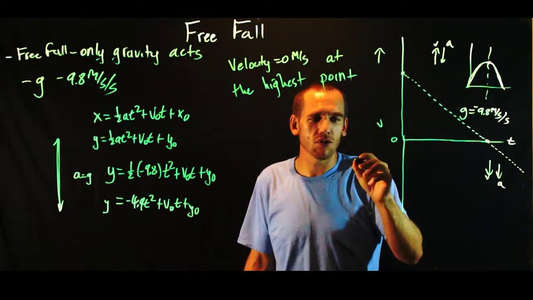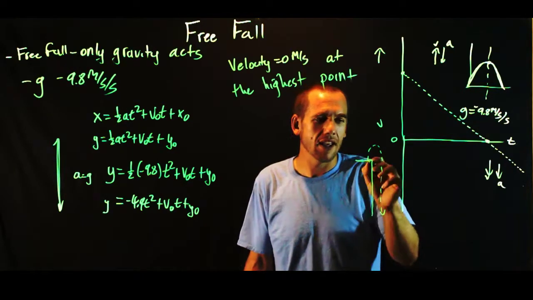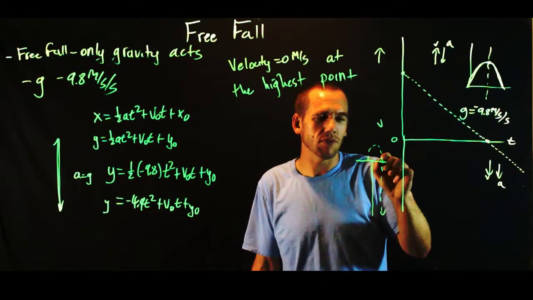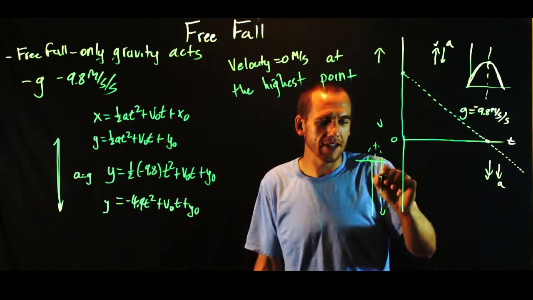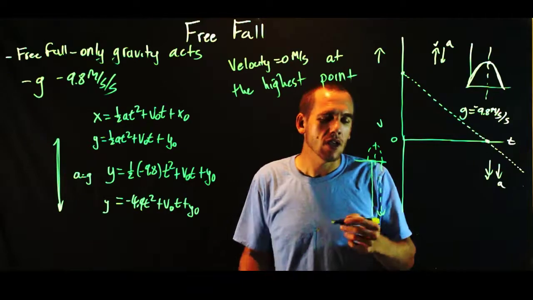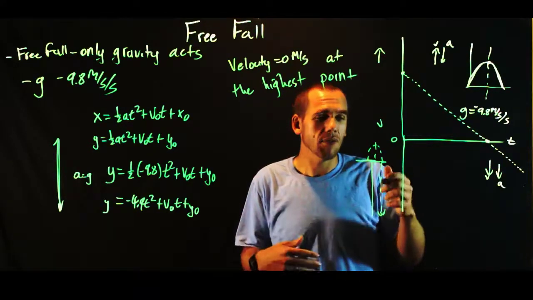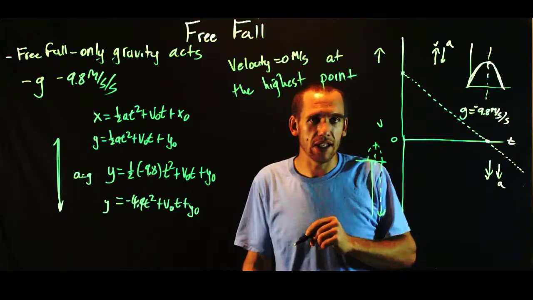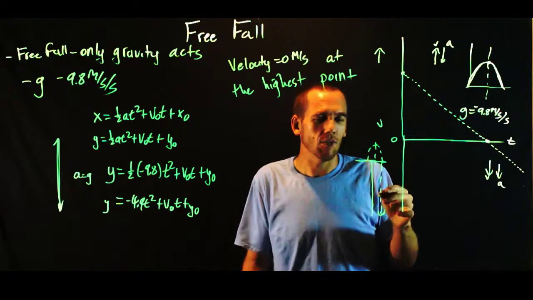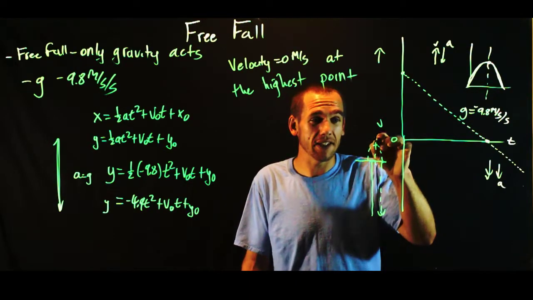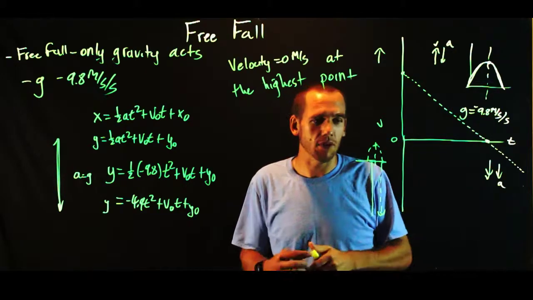But if we throw something up off of a cliff and let it fall below where it started, then the time it takes to get back to its original position matches going up, but then it's got all that extra time that it takes to fall back down. So that doesn't necessarily match. So if it starts and ends at the same height, then we can say it's at its highest point in the middle of the motion. But if it does not start and end at the same height, then we know it's got a velocity of 0 at its highest point, which may or may not be halfway through its time interval.